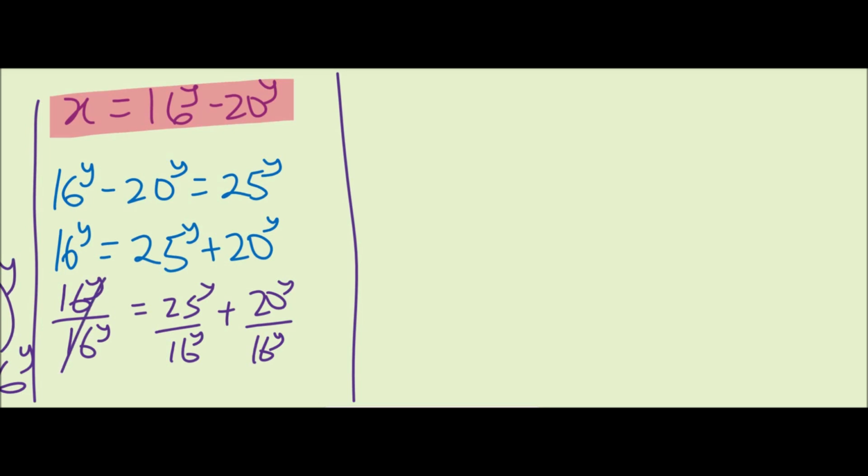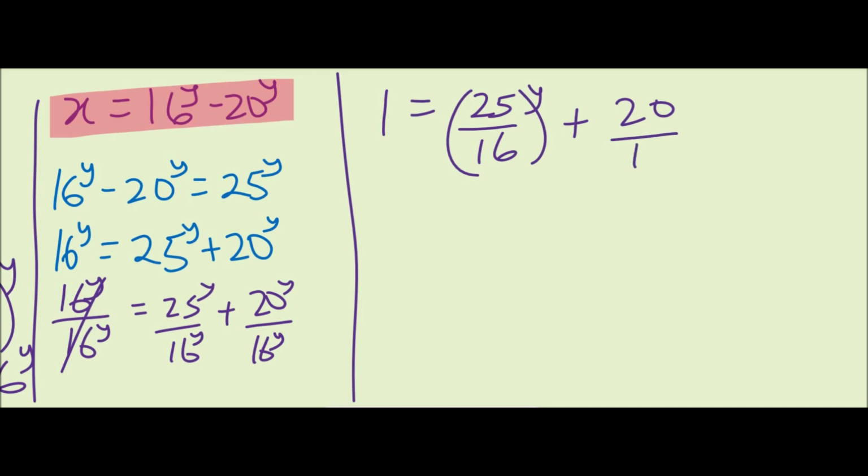So this gives, 16 cancels 16, I have 1 equals 25 over 16 to the power of y plus 20 over 16 to the power of y. This can be reduced to 5 over 4, while this can be expressed in exponential form where 5 over 4 will be the base.